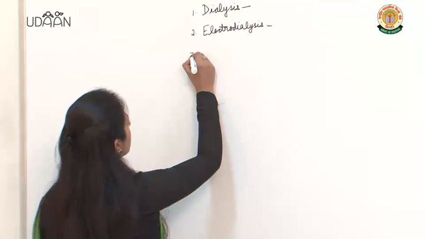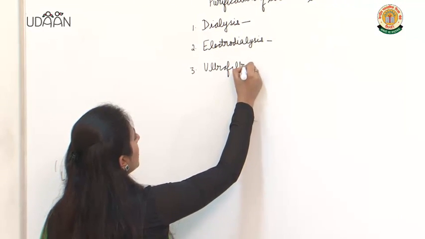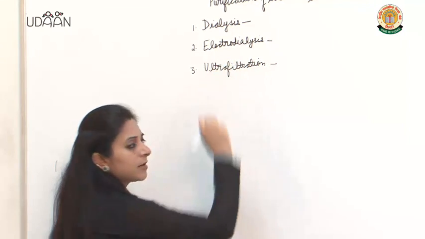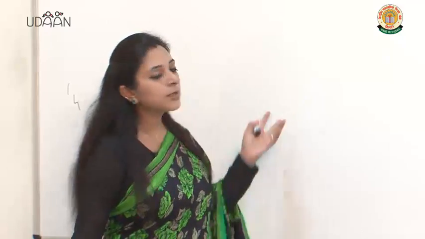Next method is ultrafiltration. Now what is ultrafiltration? That we pass the particles of colloids and crystalloids through a filter paper and the separation is done. And in ultrafilter papers, the pore size is further reduced by treating it with a solution of collodion.